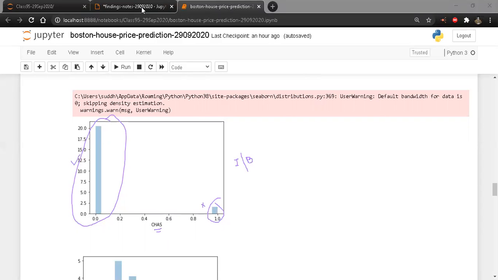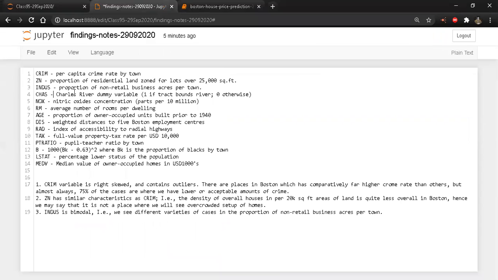Let's clear the diagrams. Okay, Charles River dummy variable: 1 if tract bounds river, 0 otherwise. Okay, so there is much less area that has the tract bounding the river. There is much less area in just this variable or feature.